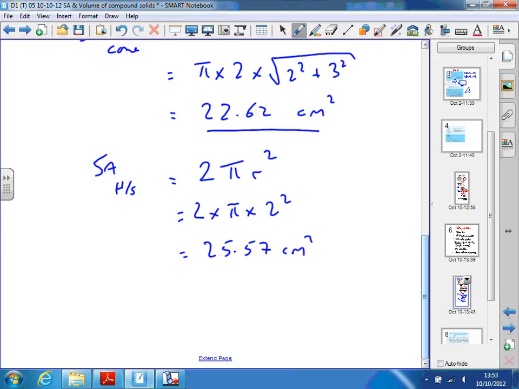So now to get the total surface area, add them together. That equals about 48 point something.